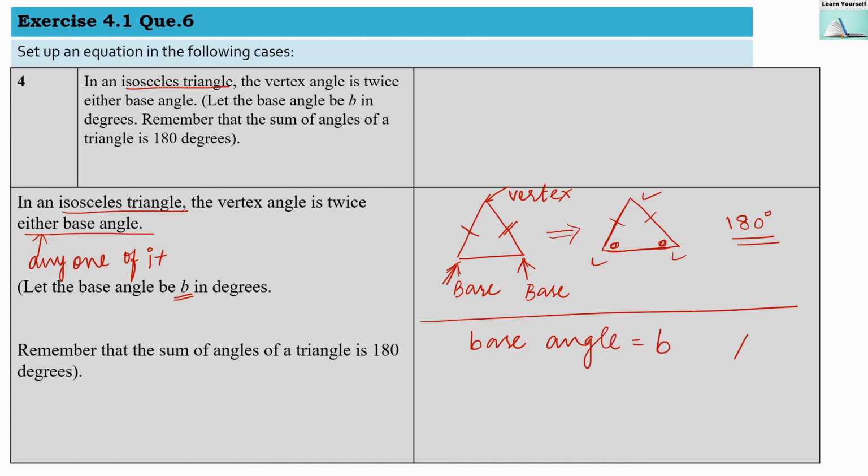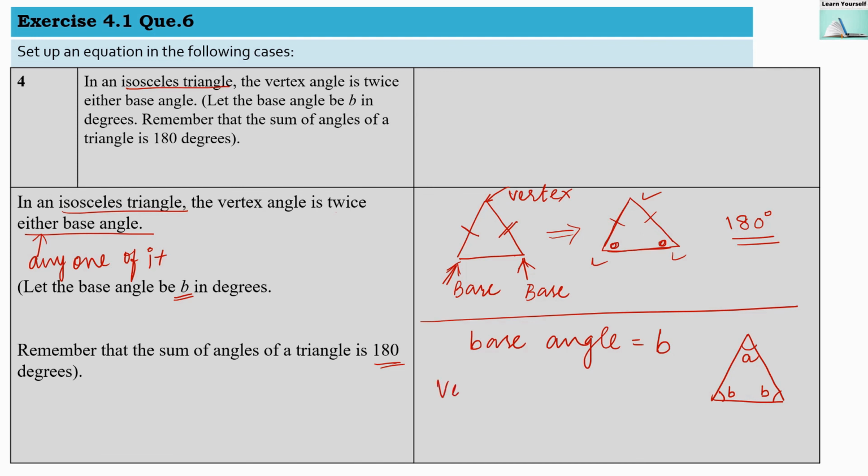So this is how our isosceles triangle will be: here it is B, here also it is B. The measure of the base angle is B. Remember that the sum of the angles of a triangle is 180 degrees. Now the vertex angle, let us take that as A. But here they are saying that the vertex angle is twice either base angle.